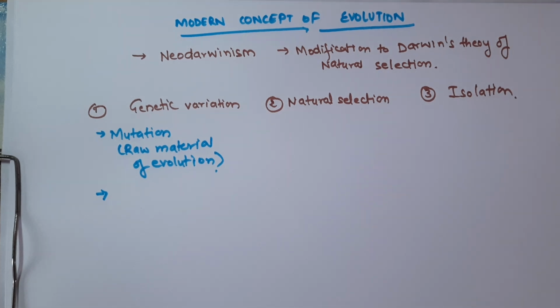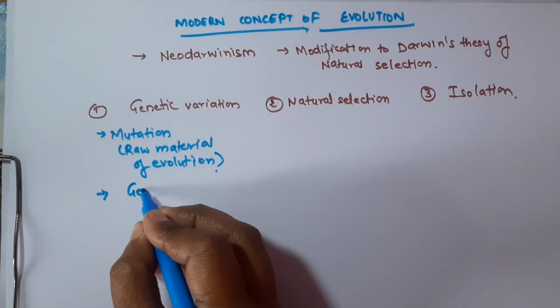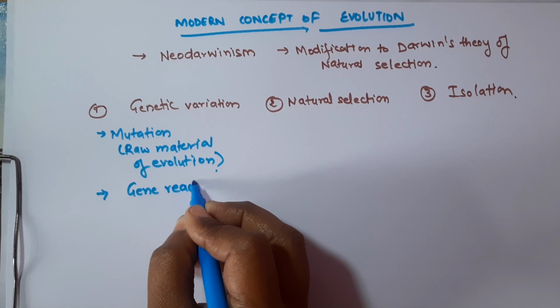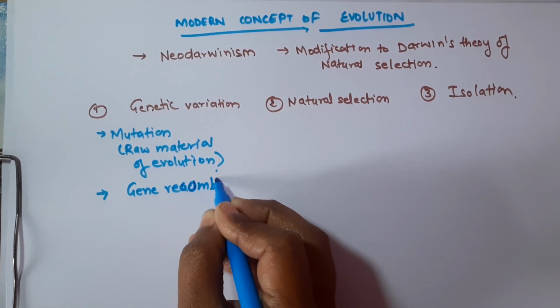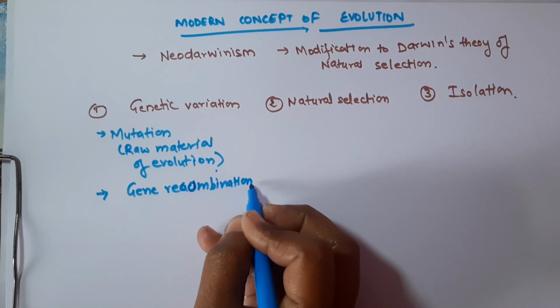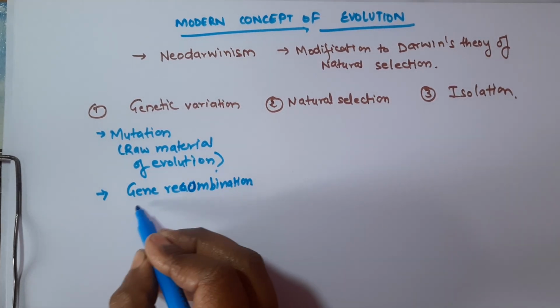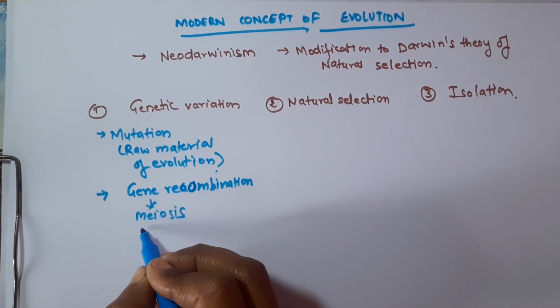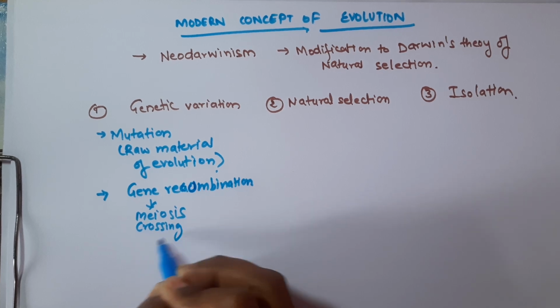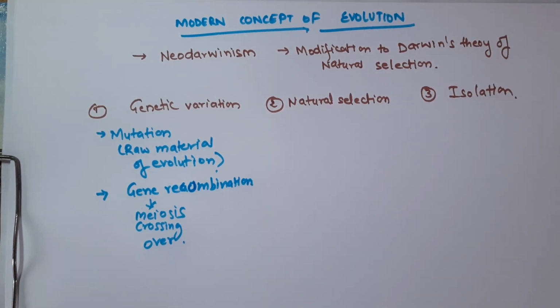The next source of genetic variation is the gene recombination. What happens during the process of meiosis, at the crossing over, is that gene recombination happens, and this leads to the combination of new genes and gives rise to new phenotypes.